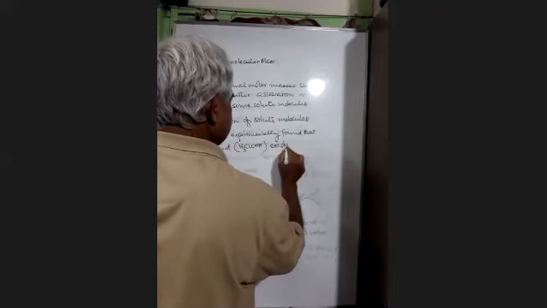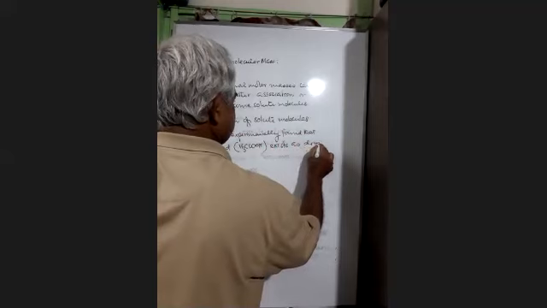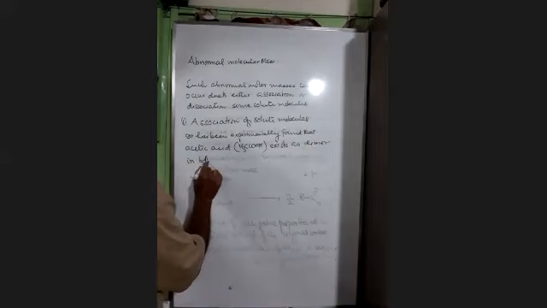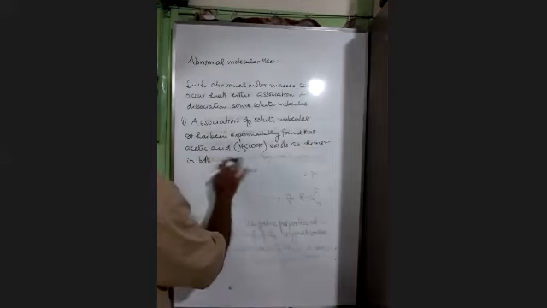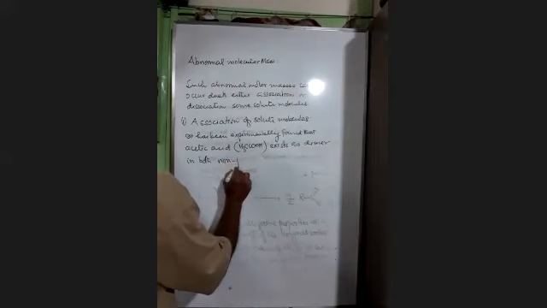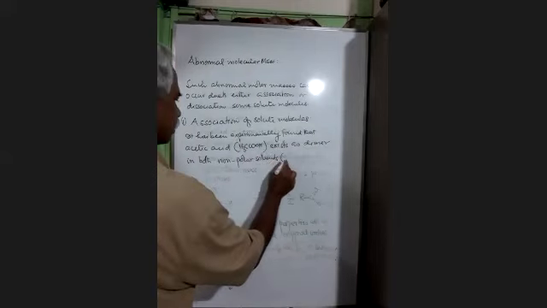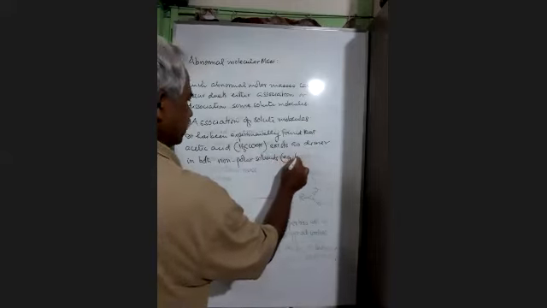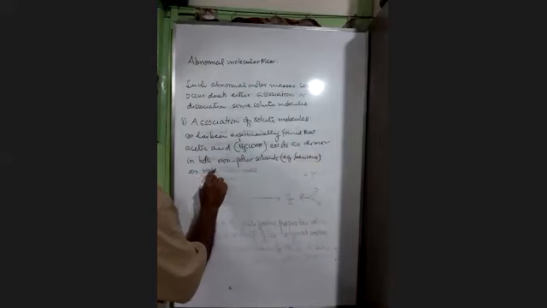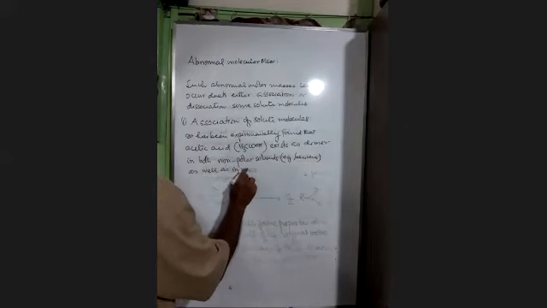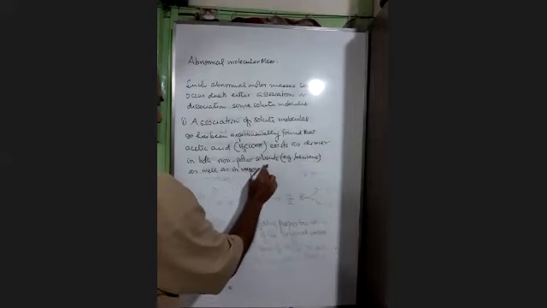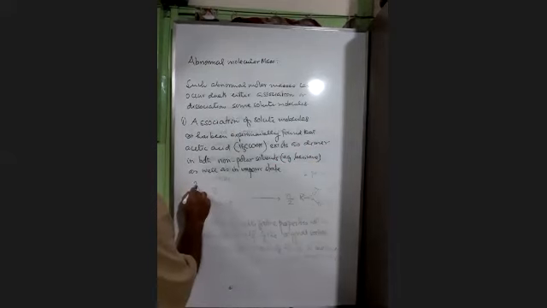Acetic acid exists as a dimer in both non-polar solvents, for example benzene, as well as in the vapor state.